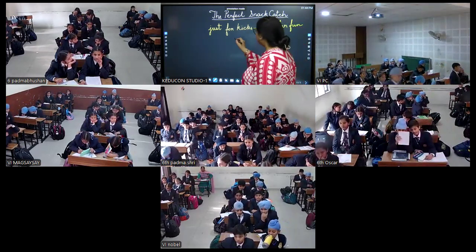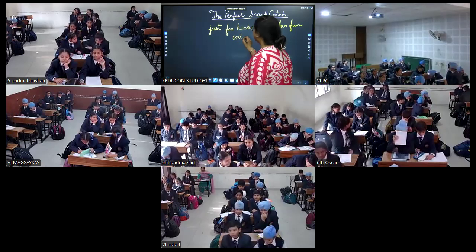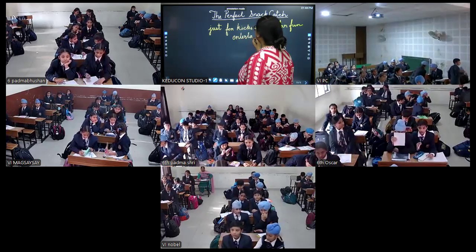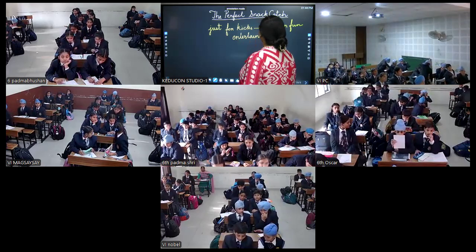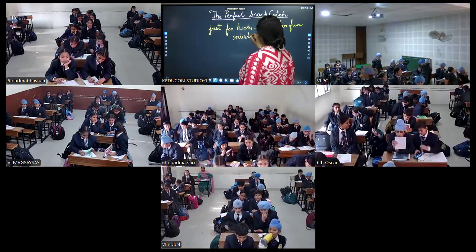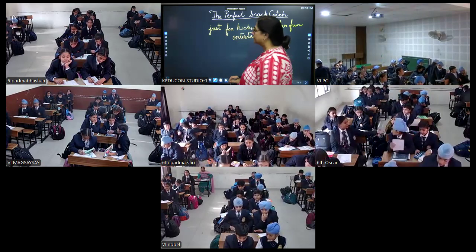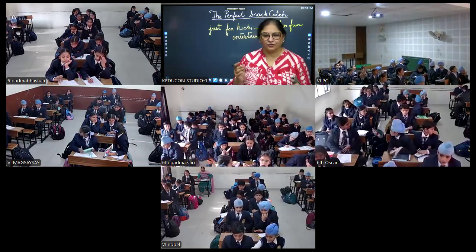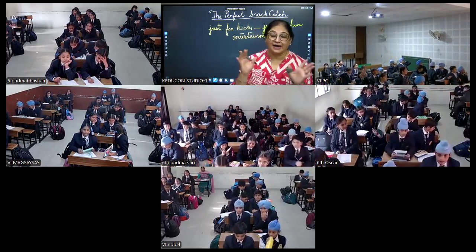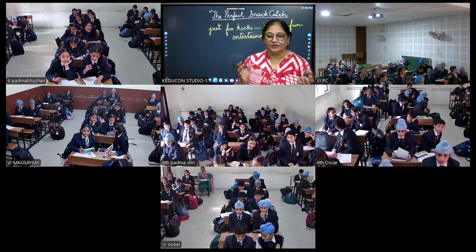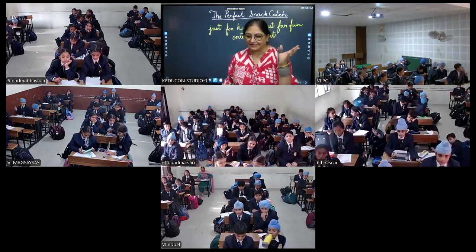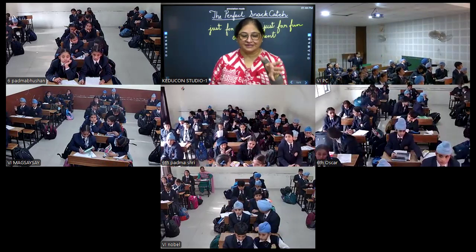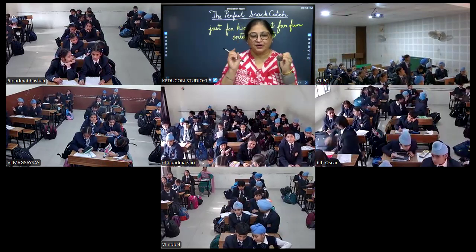Just for kids is just for fun or entertainment. Something you do, something which is not planned, something you will do unplanned. So I just did it for kicks. Spontaneously. Something spontaneous.